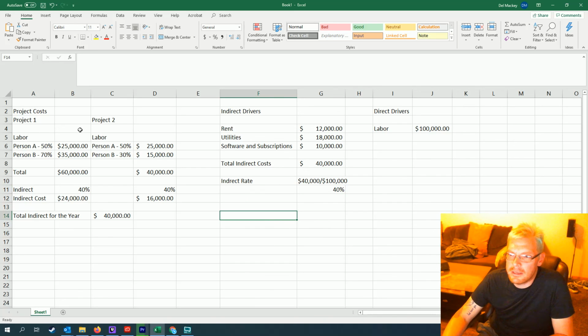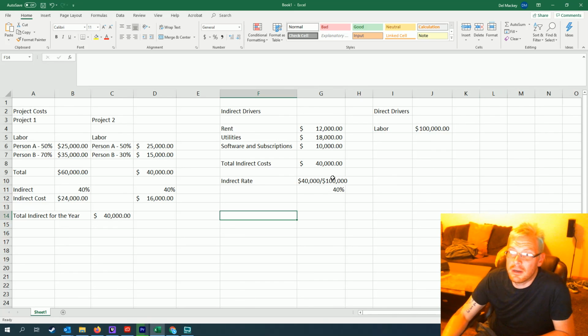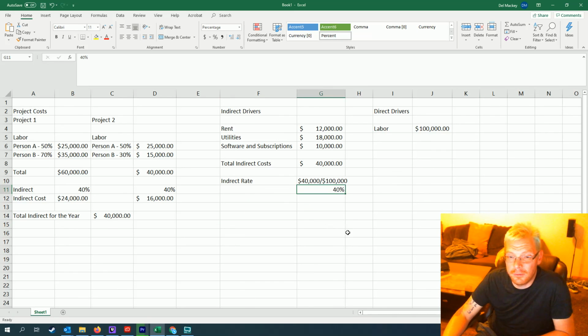That's why when you're looking at the projects themselves, no matter what you do, unless you use Hollywood style bookkeeping and accounting, you're never going to be able to get over 100% of your total indirect costs. Because remember, your indirect costs are driven entirely by this rate, and this rate fluctuates depending on what your direct drivers are, so what your direct costs are.